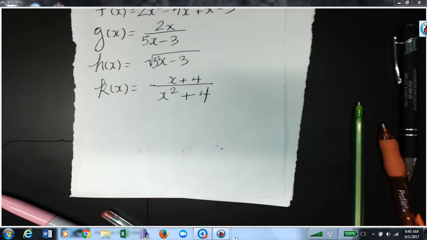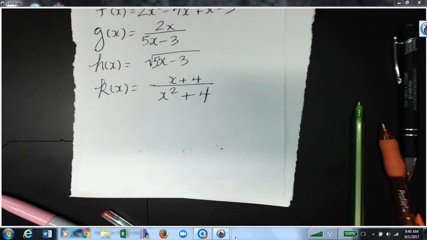Yeah. So is there anything that can be canceled here? No. No. You cannot cancel those 4s.